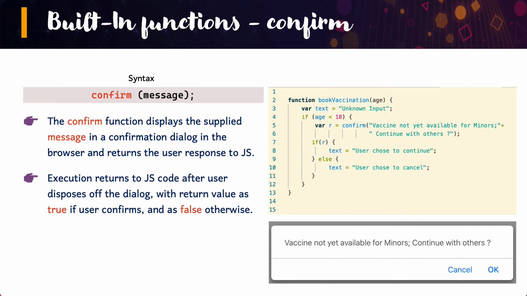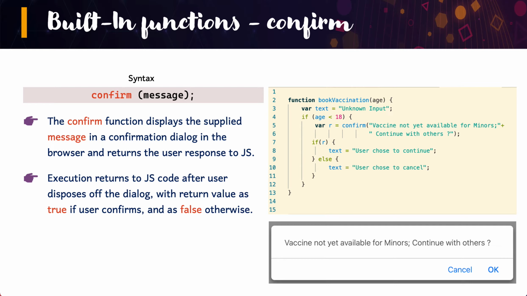The confirmation dialog box syntax is very similar to the alert function. The name of the function is confirm, and whatever message is supplied as a parameter is shown in the dialog box. But instead of showing just one button, here we show two buttons.